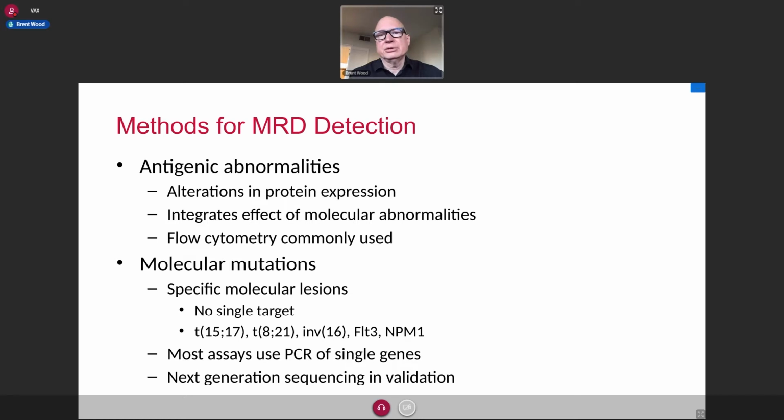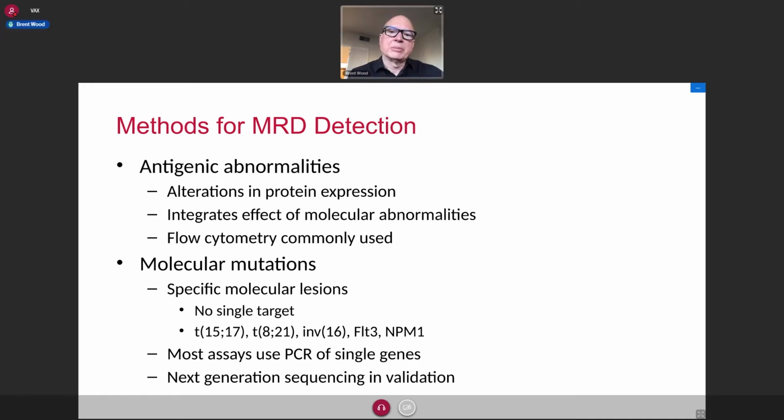In a sense, the changes in protein expression integrate the effect of all the molecular abnormalities that have accumulated in a given cell. So by looking for the presence of these antigenic or protein-based abnormalities, we can identify and distinguish abnormal or leukemic cells from normal cells of similar type that are present in blood and bone marrow. And we'll talk about the way in which we do this in a little more detail.